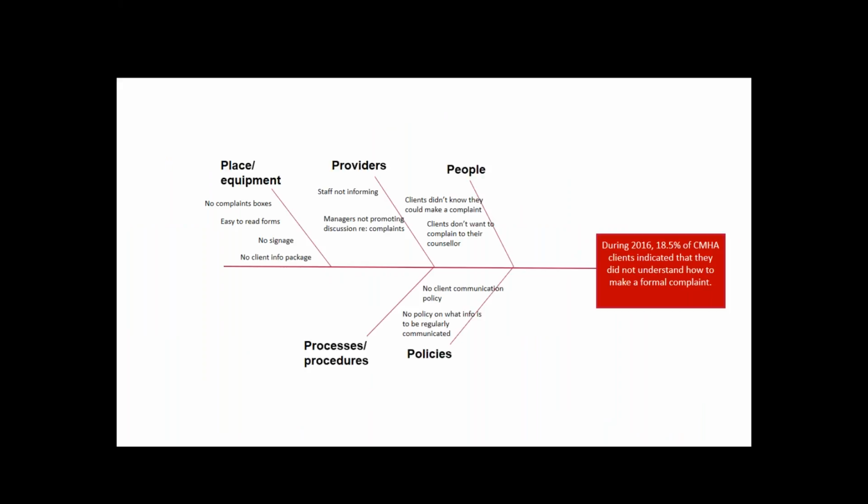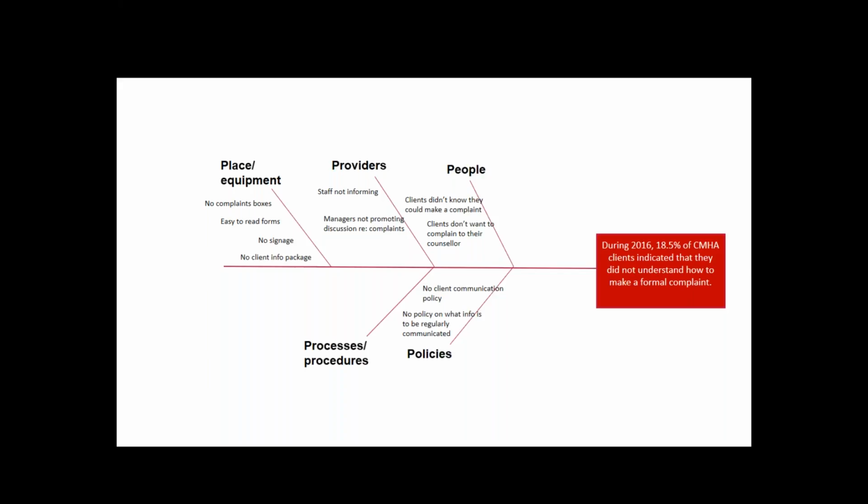So for this challenge of folks not knowing how to, or not being able to, make a complaint, I selected the fishbone tool. On the right-hand side, I've put my problem statement, which is: during 2016, 18.5% of CMHA clients indicated that they did not understand how to make a formal complaint.